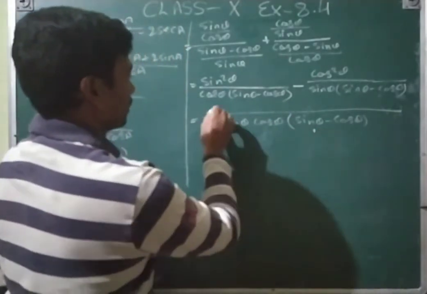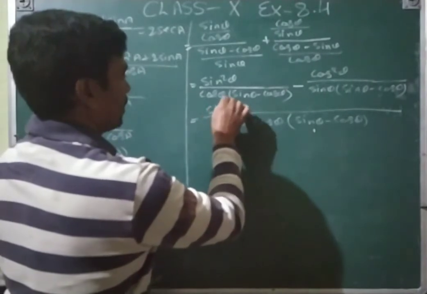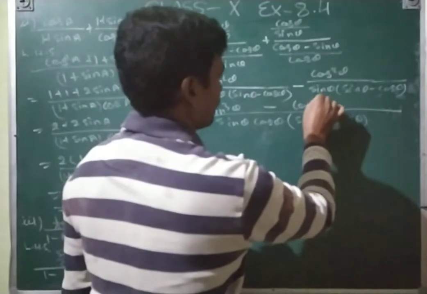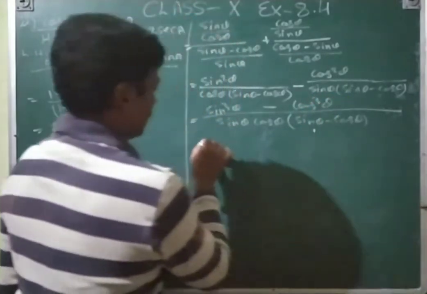And now you are looking these things are cancelled, so this is left, so that will be sin power 3 theta minus, this will also come the same, sin power 3 theta.